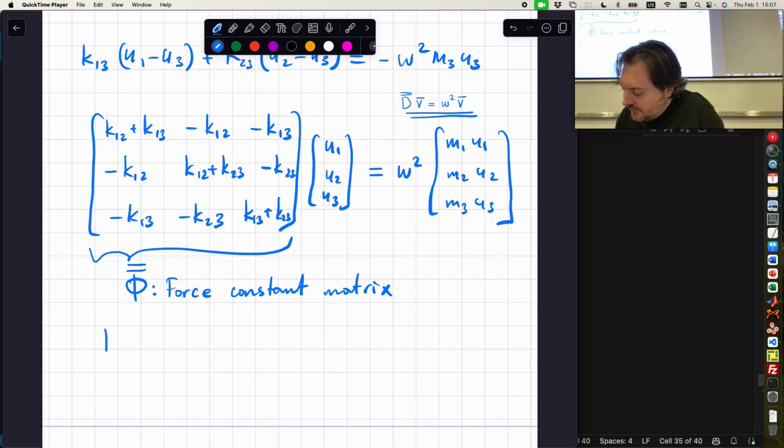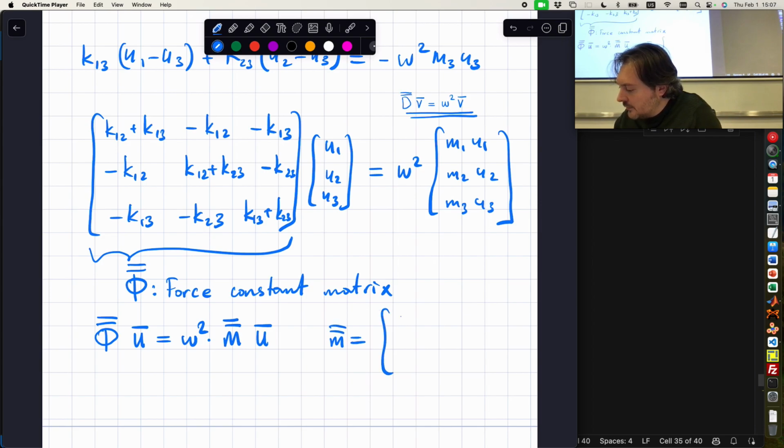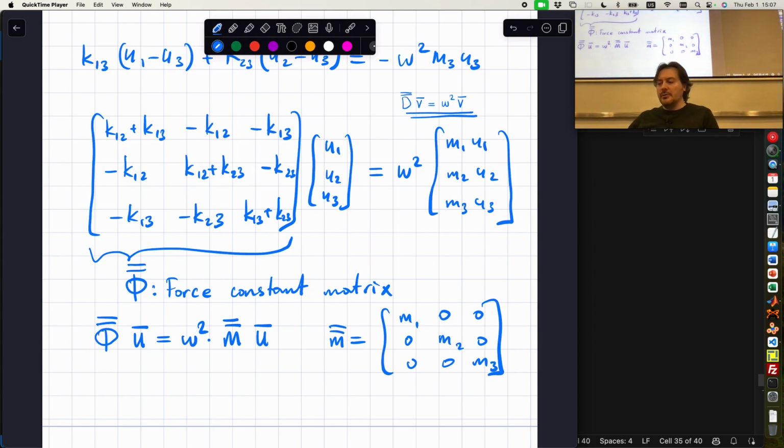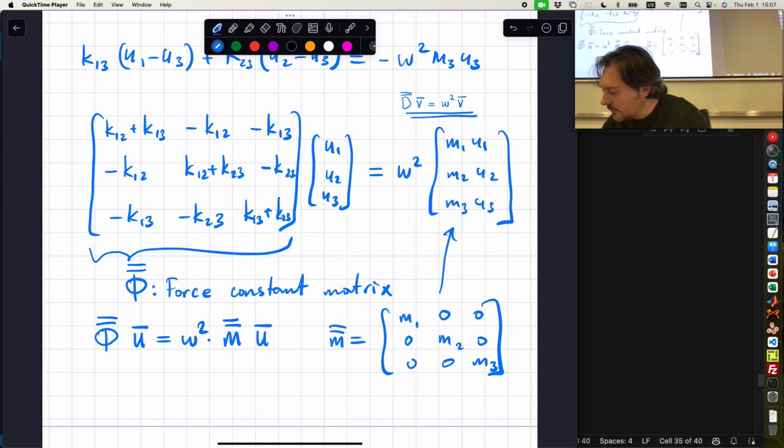So I have force constant matrix times U matrix equals omega squared times the mass matrix times U matrix. What is this mass matrix? Mass matrix is just M1, M2, M3, 0, 0, 0, 0, 0, 0, 0. Do you see that when you multiply this with U, you get this matrix? Does everyone see that? Yes?